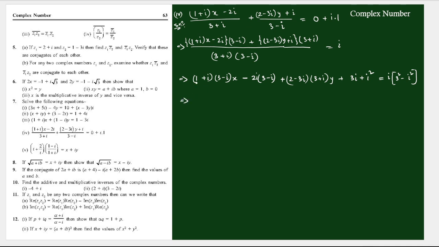Now let's multiply 1 into 3, 3 into x. First we multiply these two, that will be better.